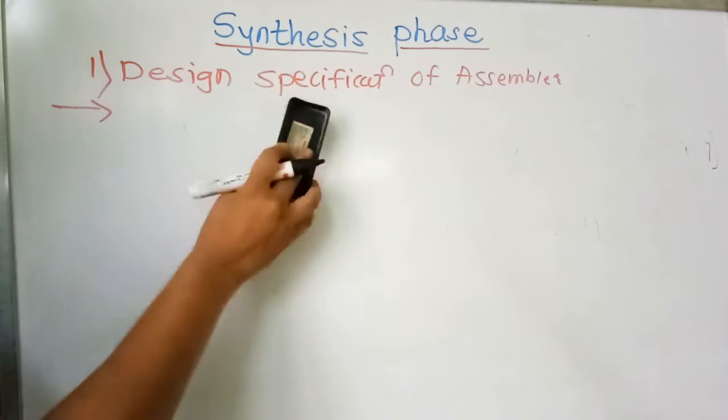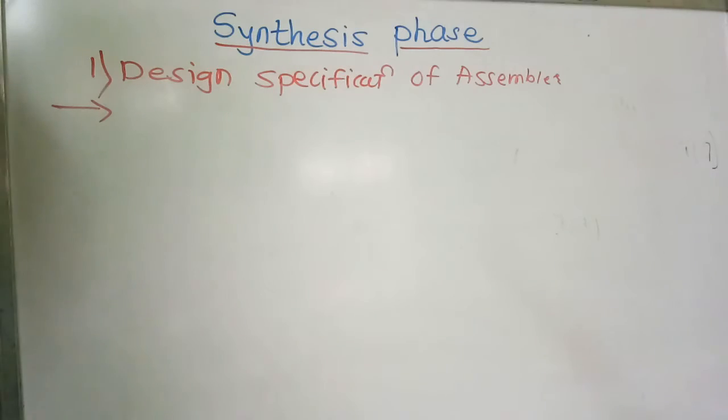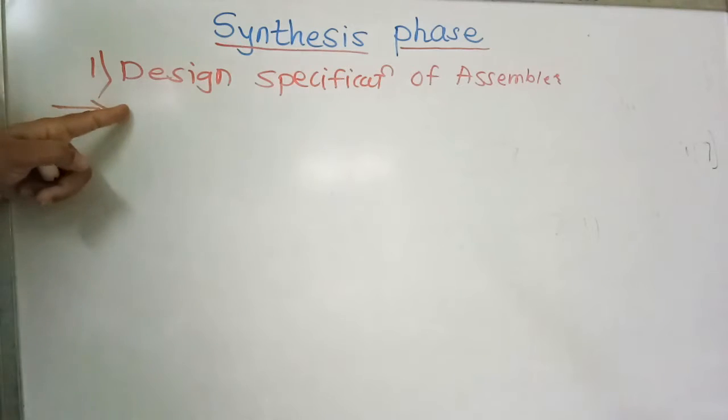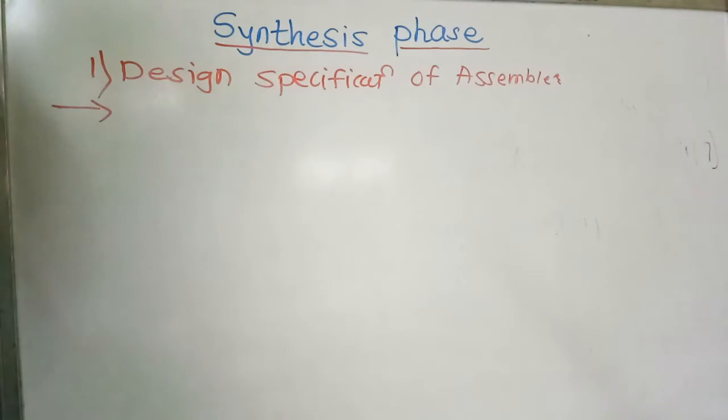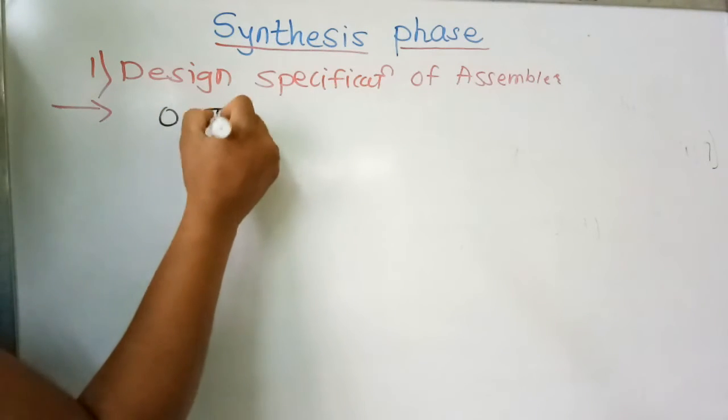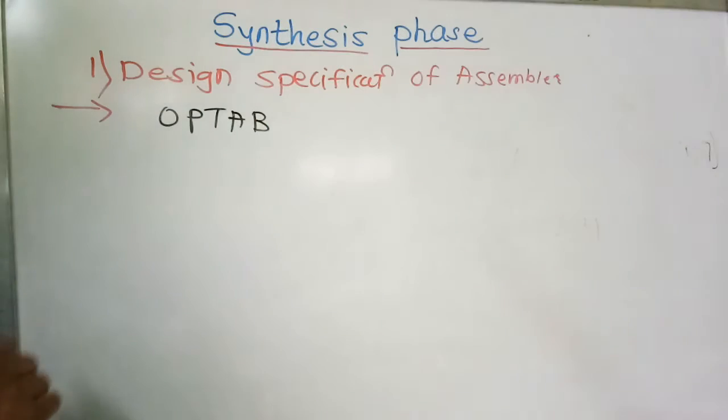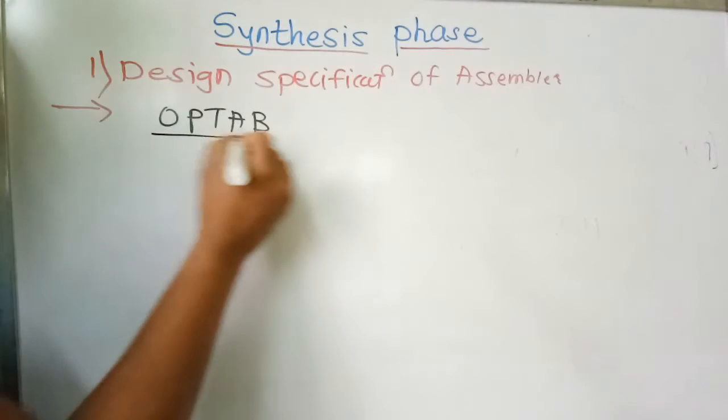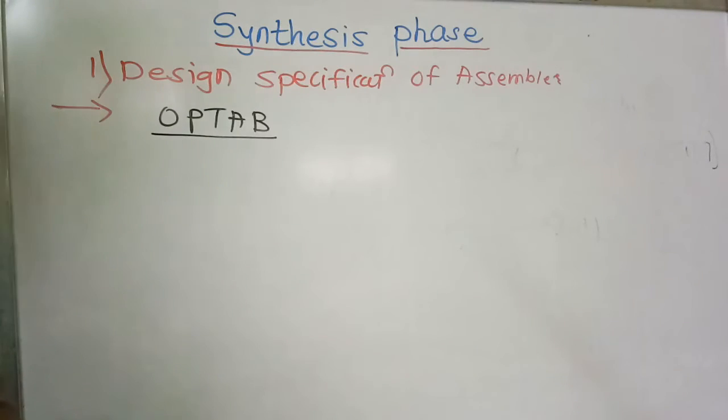But in this step of the synthesis phase, we are obtaining the operation codes of the mnemonics from the operation table. In that phase, we were only separating the labels, mnemonics and symbols from any statement of the assembly language. But here, we are obtaining the operation codes from the operation table.